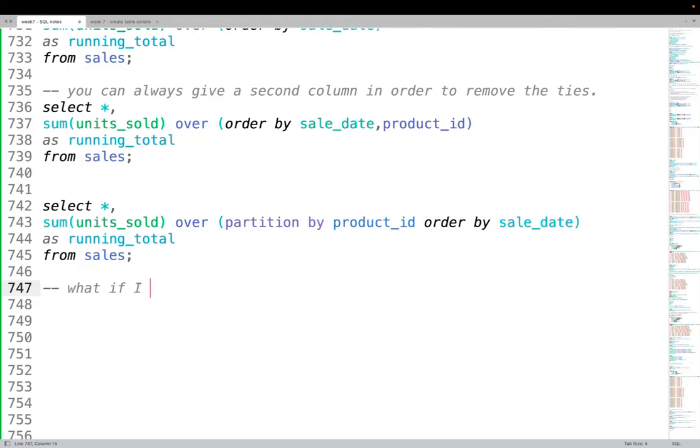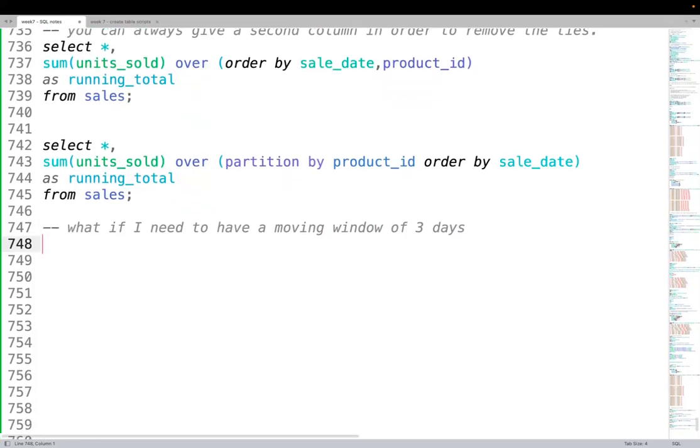It could be 2 days, it could be 5 days, whatever it is. How do you approach this problem? Like how many units sold in last 3 days, or in last 4 days?